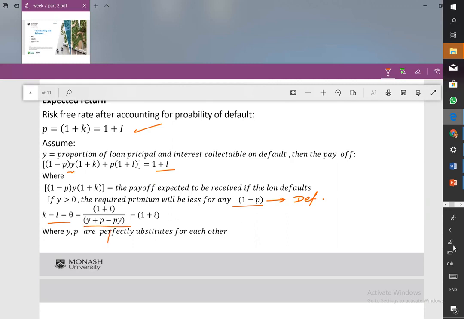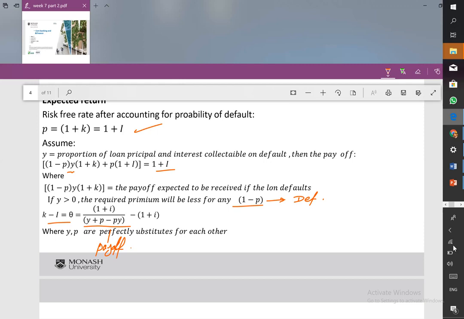This is actually 1 plus K, which is the probability of payment. This is the payoff, the whole payoff, which is the probability of payment and the probability of defaulting times the collateral.